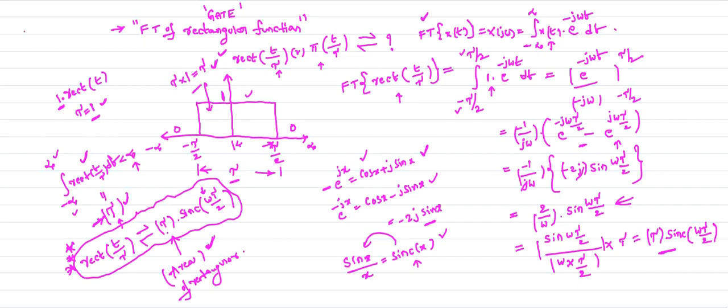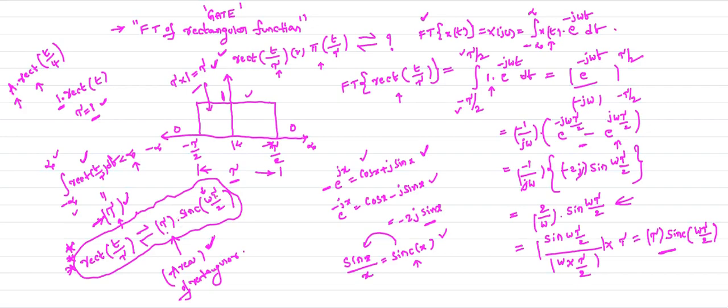Suppose I generalize this expression and want to find the Fourier transform of a times rect of t by tau. What is my answer? First you calculate the area of the rectangular pulse.